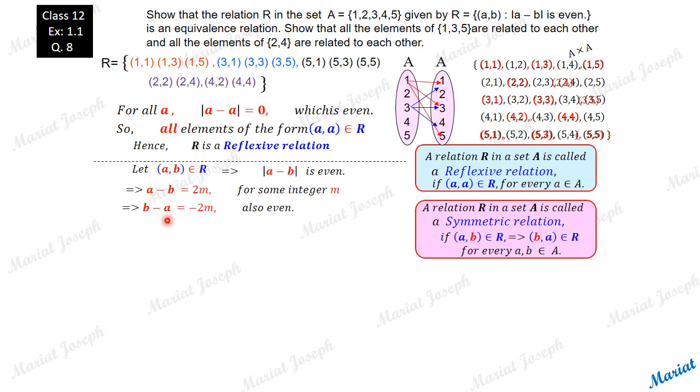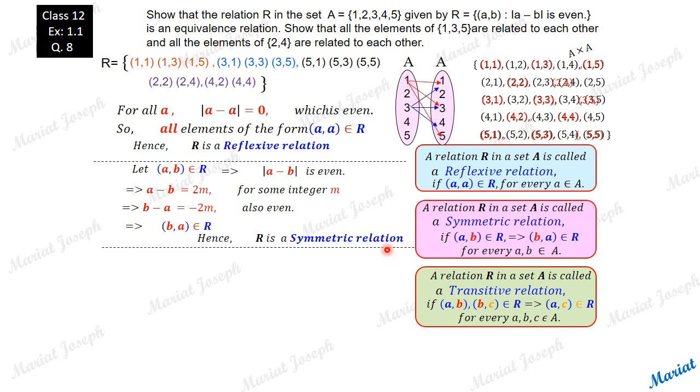And if you take the modulus, we find it also an even number. So whenever a pair (a, b) is taken in the relation, we will surely find the pair (b, a) also in the relation. So this conditional statement is being satisfied by this general element of the relation. Hence we can say the relation is symmetric.